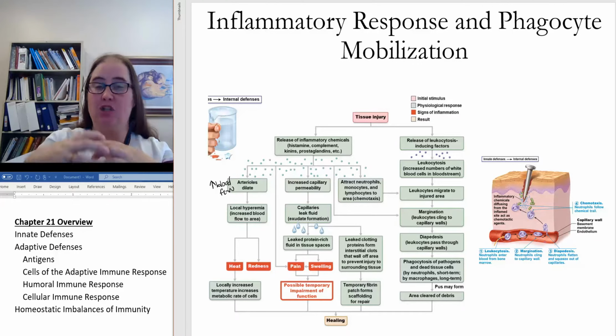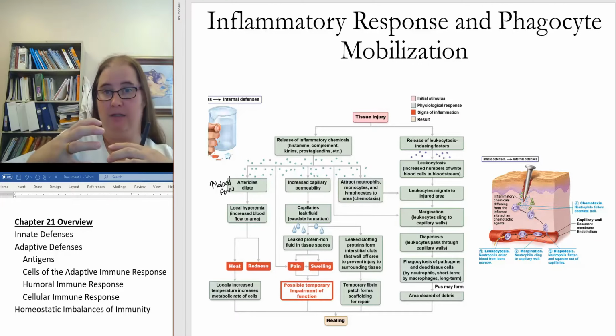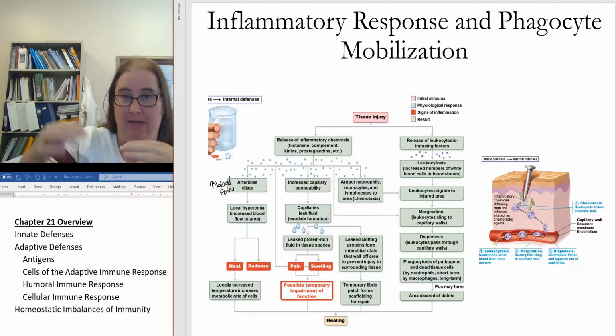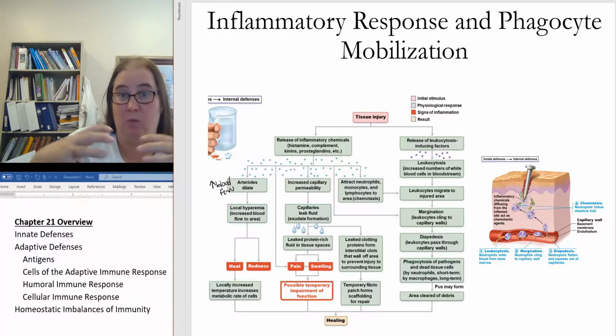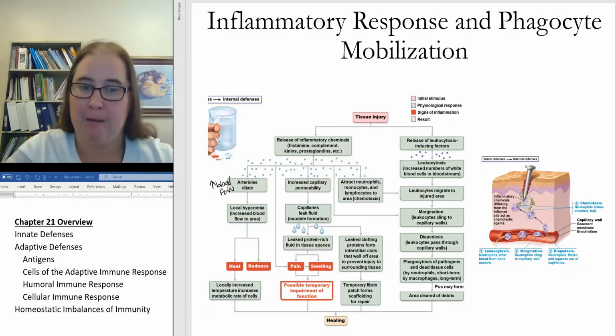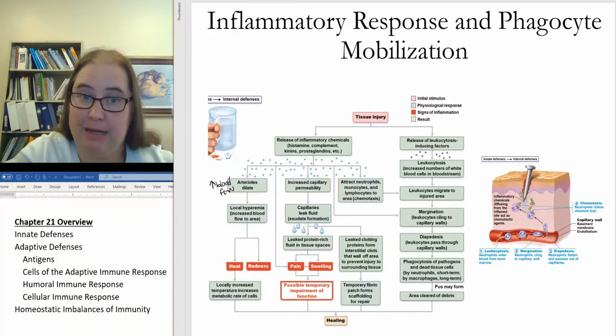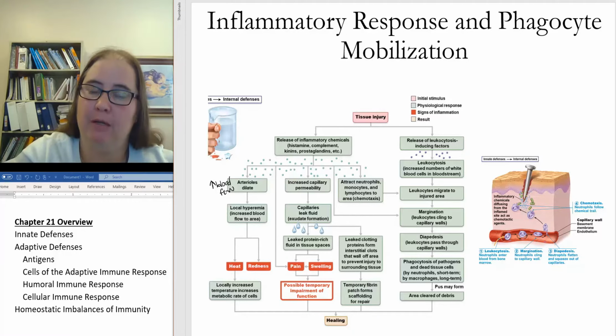And in addition to that swelling triggering pain, depending on what's damaged and how badly it's damaged, it will cause a temporary impairment of function of that region. The last thing it's going to do is attract neutrophils, monocytes, and lymphocytes to the area. And this is through something called chemotaxis.